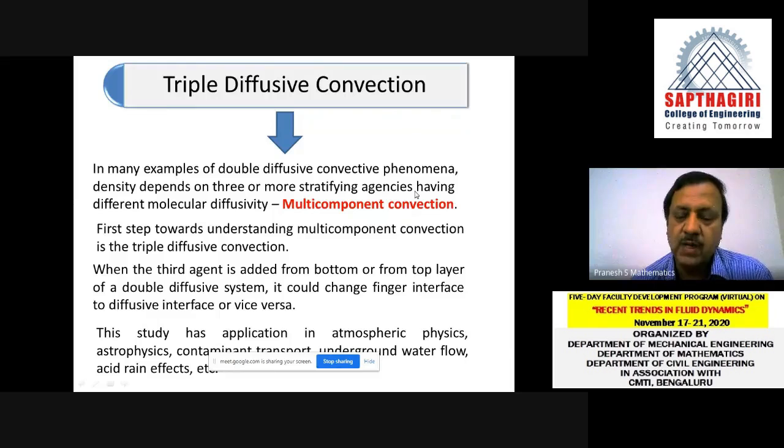There are many important types of results we can observe in triple diffusive convection which are not observed in double diffusive convection. And triple diffusive convection has applications in astrophysics, atmospheric science, the transport of groundwater flow, acid rain effects, etc. In so many cases where we have more than 2 components, triple diffusive convection comes into existence.